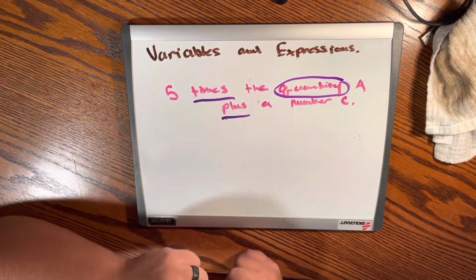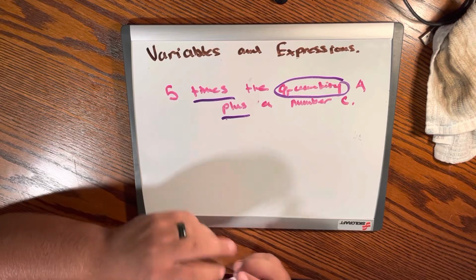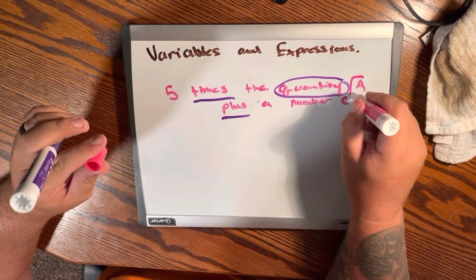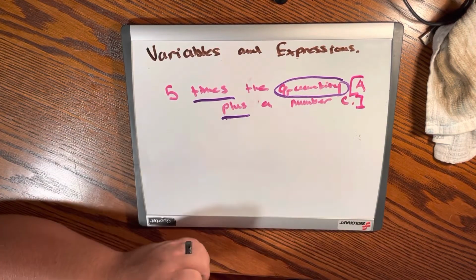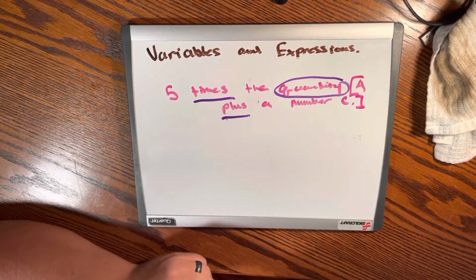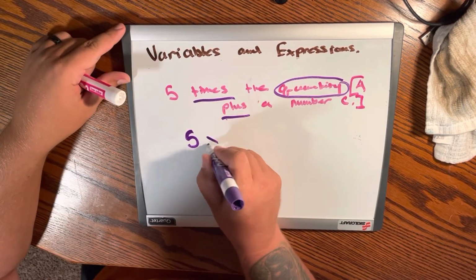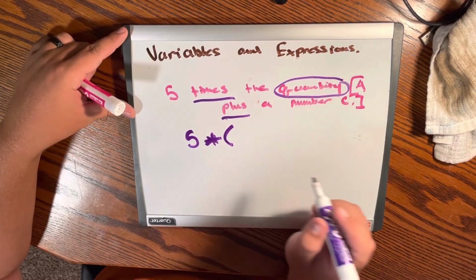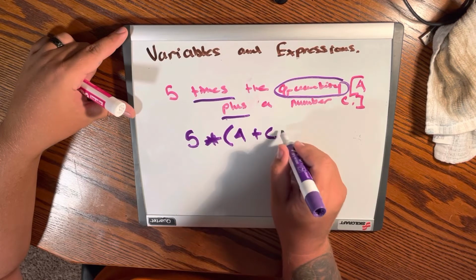Now, the other important one would be the quantity. Alright, so if it's 5 times the quantity of 4 plus a number c, right? Since it's saying the quantity of this part and this part, that would have to happen before you can multiply by 5. So it'd be 5 times, and because it says the quantity, we're going to use some parentheses here, and 4 plus a number c.